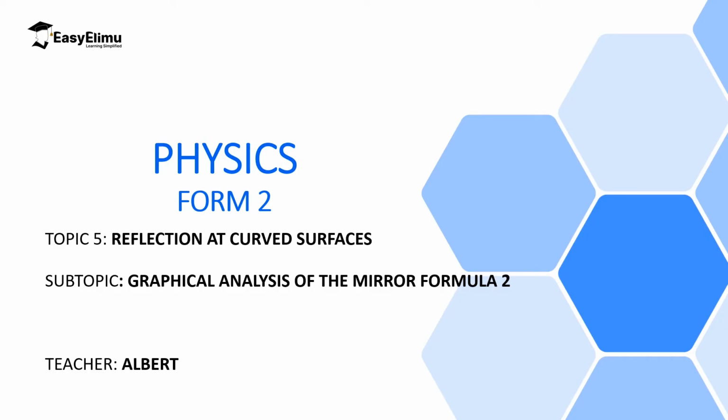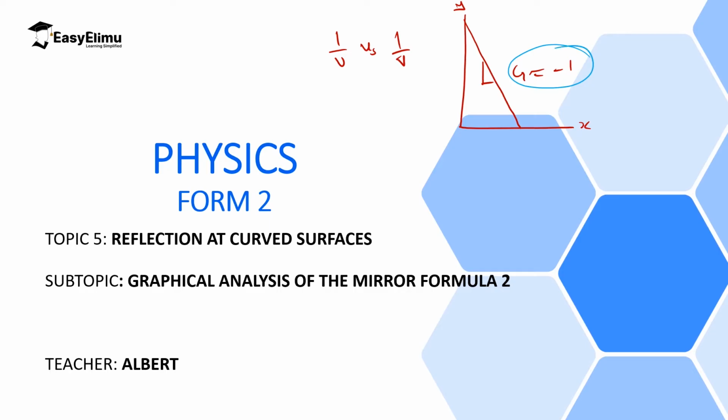In the previous lesson, we discussed one of the graphs in the mirror formula, that is a graph of 1 over u versus 1 over v. In this case, we said this graph is a straight line graph. If this is the y-axis and this is the x-axis, this graph will have a negative gradient where g is equal to -1, representing that the image which is formed by, in this case, a concave mirror is inverted relative to the object.